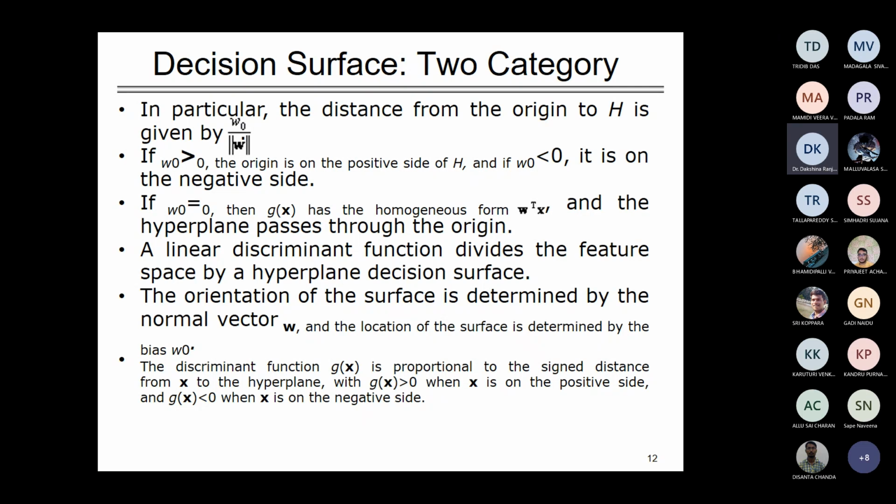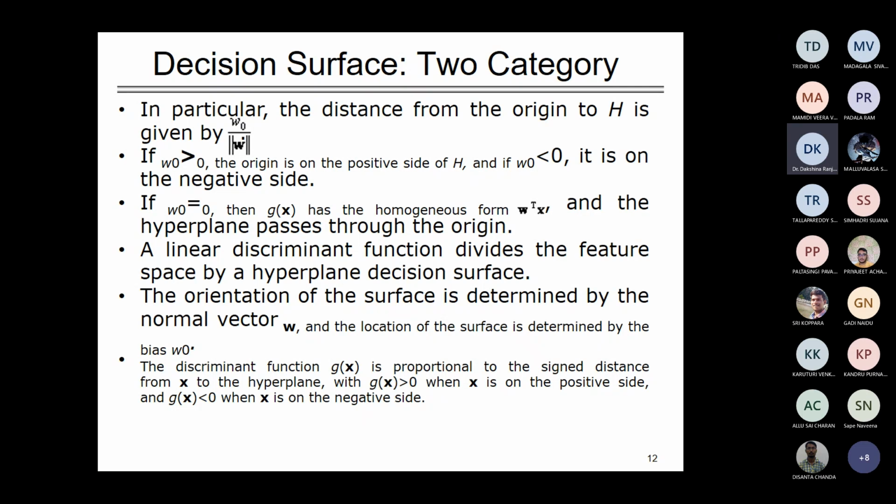Whenever we get w0 less than 0, then the origin will be on the negative side, and whenever w0 is found to be 0, then the hyperplane will pass through the origin. So we can decide the location of the decision surface by looking at the value of the bias, or threshold weight.